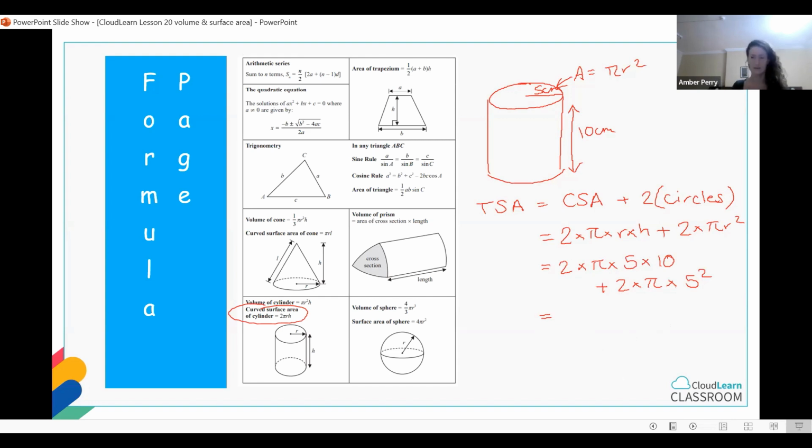I will go ahead and have a look at the answer. So it's going to be 50 times 2, so it's 100 pi plus 25 times 2, so 50 pi, it's 150 pi, which is 471.2 centimeters squared. It's a surface area, so it's centimeters squared, or you can always just leave it in terms of pi if you prefer.